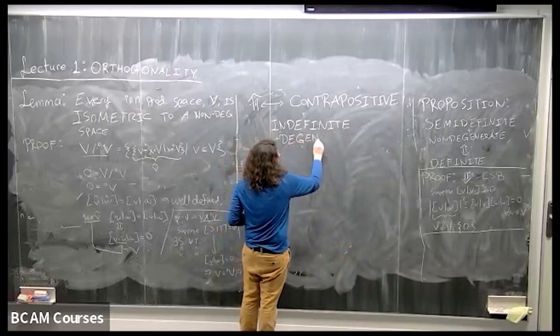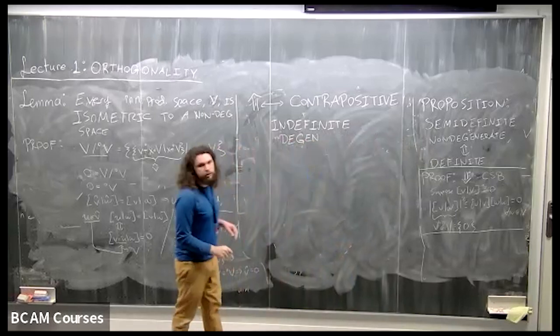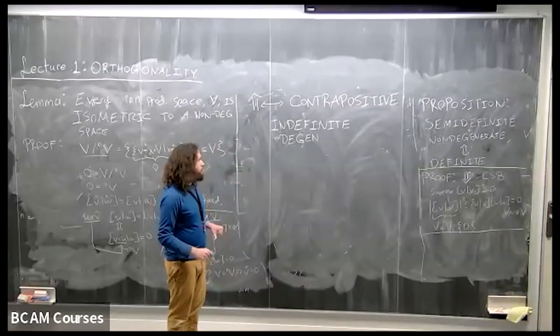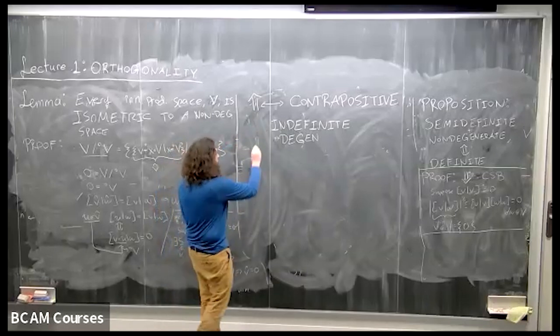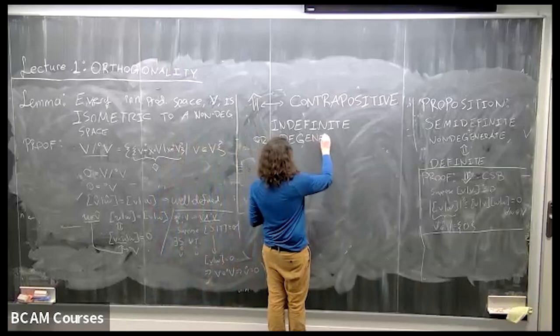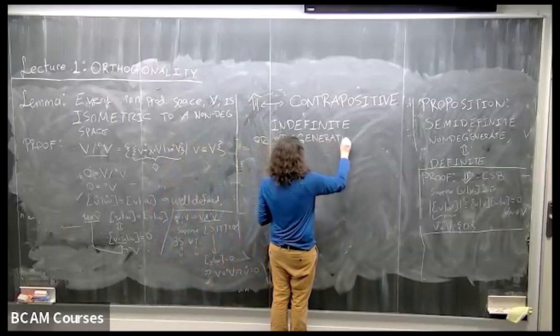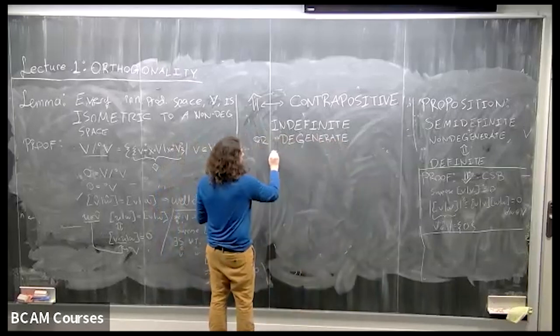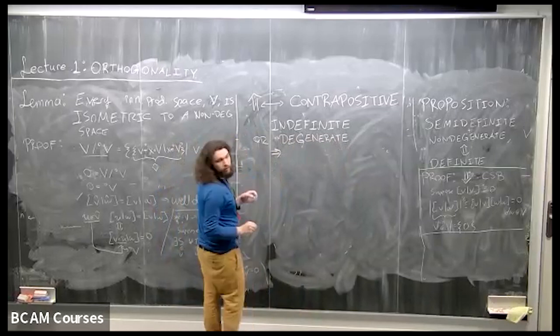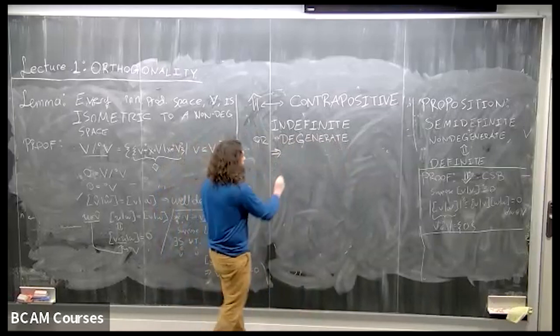Okay, if I want to negate an and statement, that's equivalent to taking an or. So I have indefinite or degenerate implies, so not definite means there exist neutral vectors.